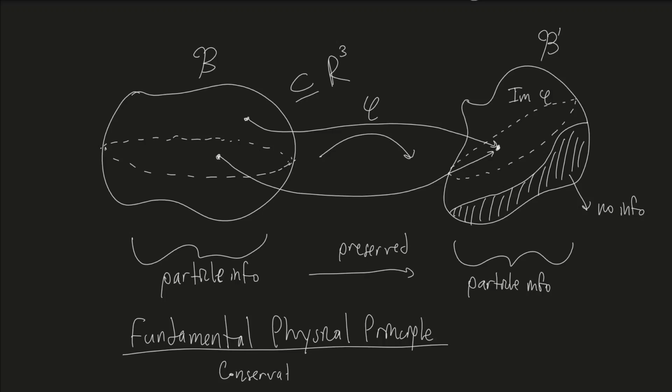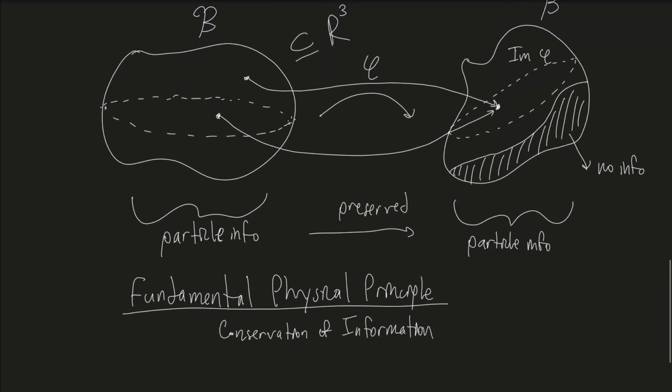Okay, and what is my point with this example here? Well, what I was demonstrating is that the two issues that could violate this principle are the lack of injectivity of phi and the lack of surjectivity of phi.